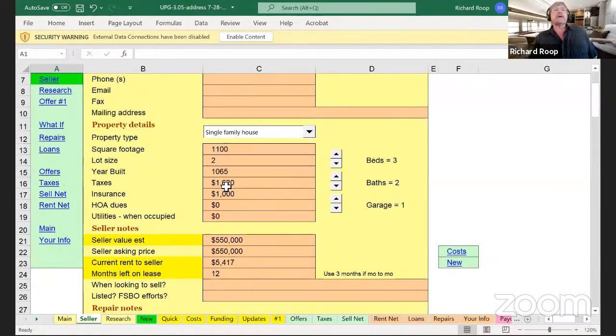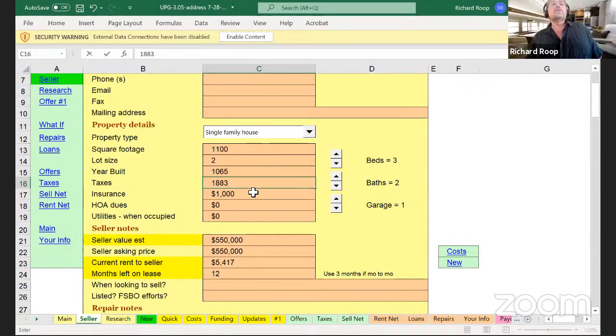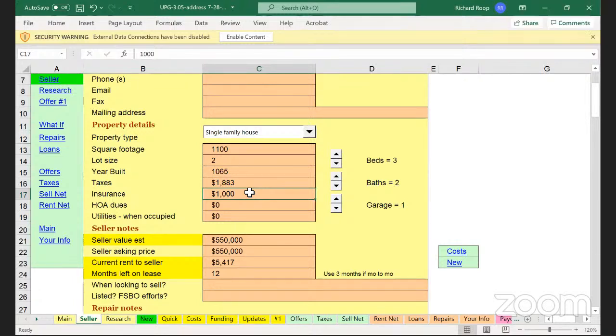And then you could put all this. Now the taxes and insurance, what is the annual taxes? Yep. Taxes are 1883. 1883. And what do you think the insurance might be? I don't know, but based on my assumption on that property, I'd say about 1400.